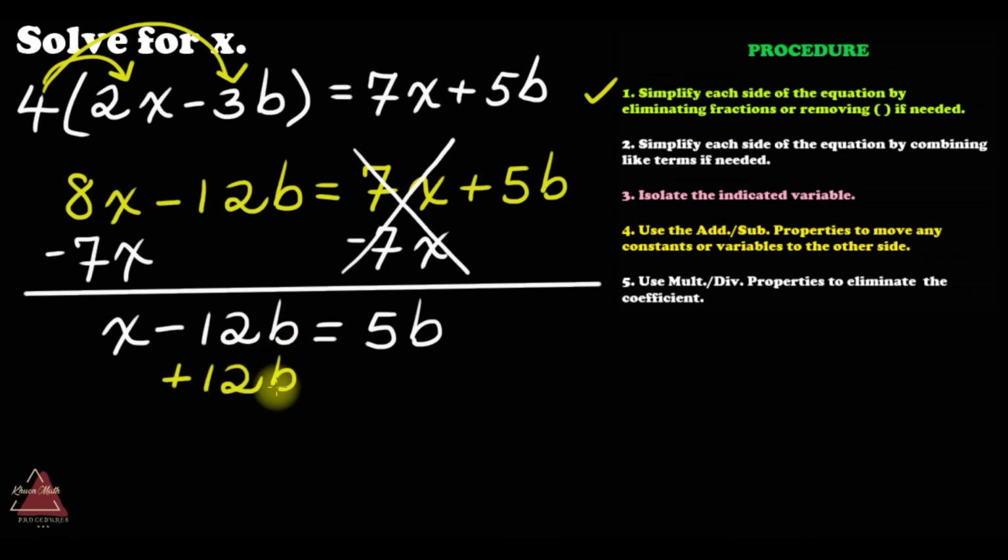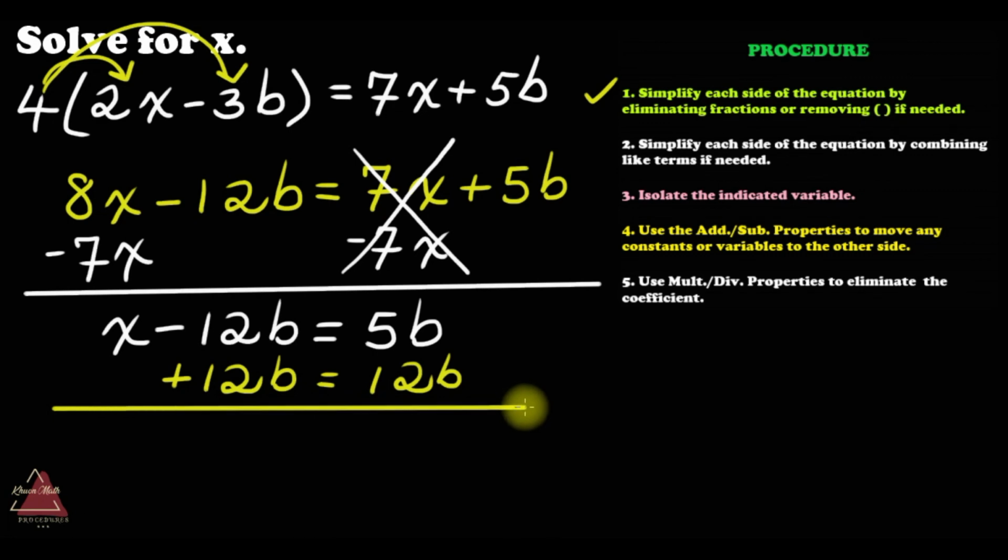So plus 12b, and then here you have plus 12b. Okay, and then x comes down, and then negative 12b with positive 12b is 0. And then bring down the equal sign, and then here you have 17b, because 5 plus 12 is 17b. Okay, so that's step 4.